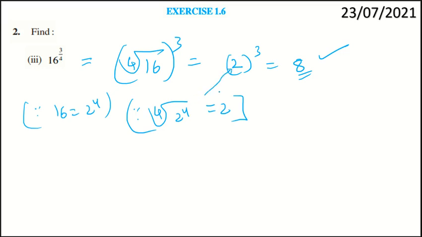Okay. Fourth question, sub question, 125 raised to the power minus 1 by 3. Minus 1 by 3, when I have negative power, my first job is making that positive power.